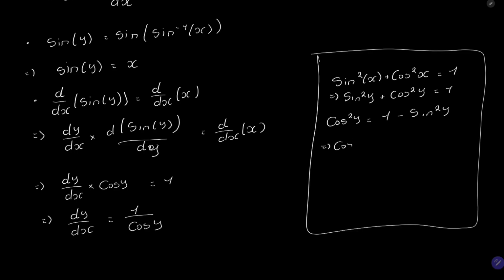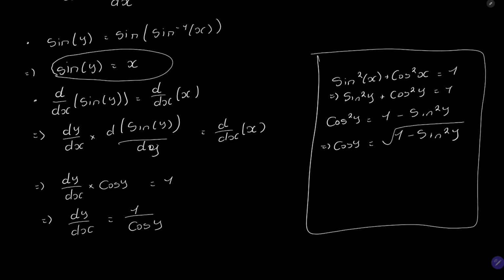This implies that cos y is equal to the square root of 1 minus sine squared y. But look at this equation very well. It stated that sine y was equal to x. This then implies that cos y is the same thing as the square root of 1 minus x squared.